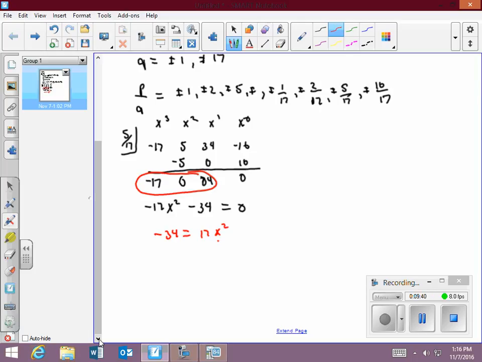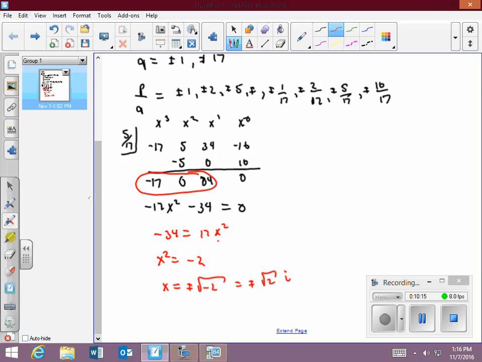And now I'm going to get x squared equals a minus 2. And I take the square root of both sides, plus or minus, but that's plus or minus the square root of 2 with an i on it.